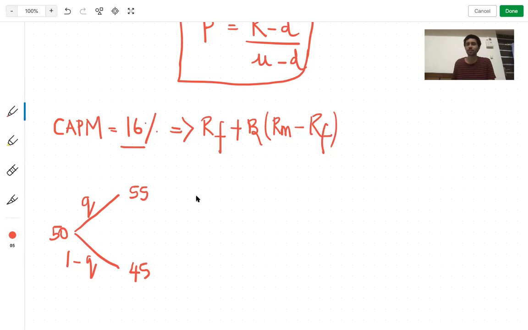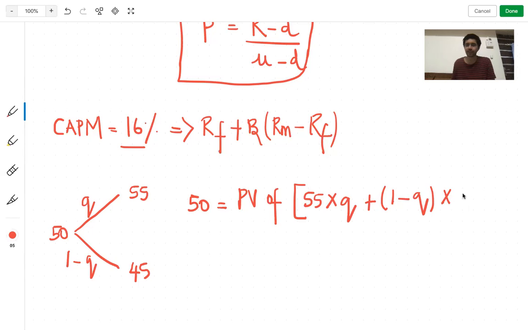So if I put that equation down, 50 is equal to the present value of 55 into Q plus 1 minus Q into 45. Is Q here the risk neutral probability?